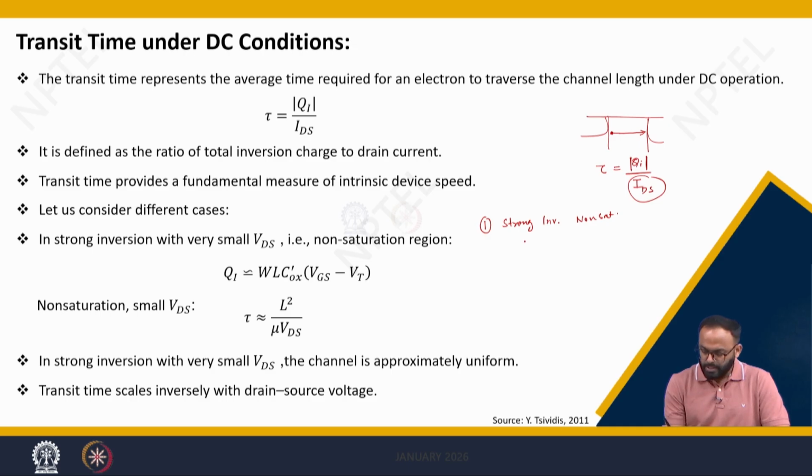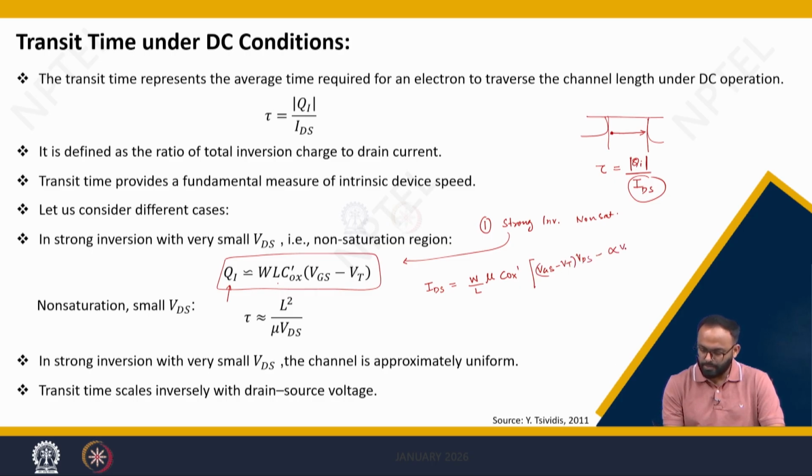In that scenario the inversion charge is given by this, which we have already derived in our previous lecture, where we showed that in strong inversion non-saturation case Qi can be given by W into L into Cox dash into (VGS minus VT), and we know that the current in non-saturation region can be given as W divided by L into mu into Cox dash (VGS minus VT) into (VDS minus alpha times VDS square divided by 2).